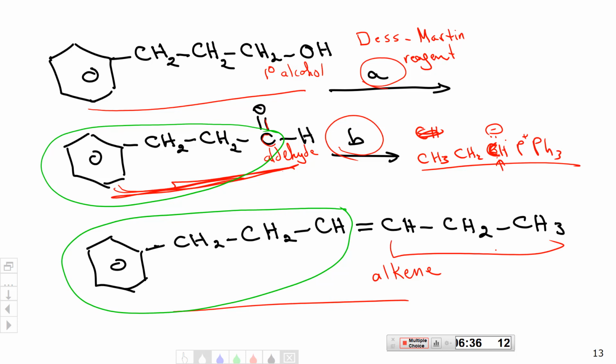Actually, I created the ylide based on the fact that this is a C double bond O, C double bond C. I know that the one that is circled in green is my aldehyde, so everything else is my ylide. The carbon that should have the minus is this one that is connected to the C double bond C. Does this make sense? Actually, you can take any alkene and figure out the ylide and the ketone or aldehyde from which it is made. Does this make sense to you guys?